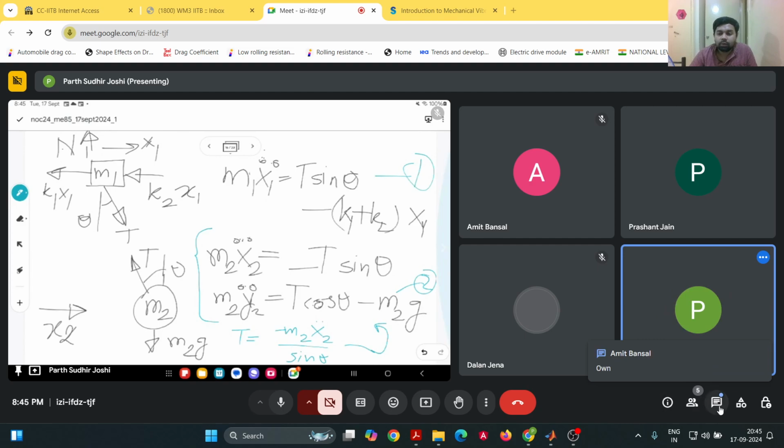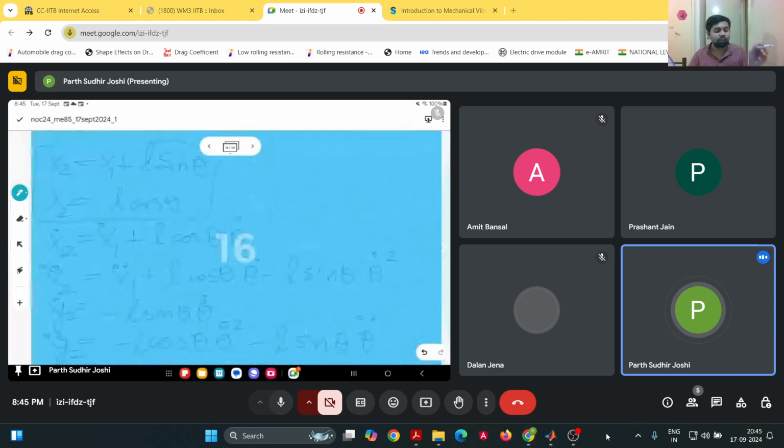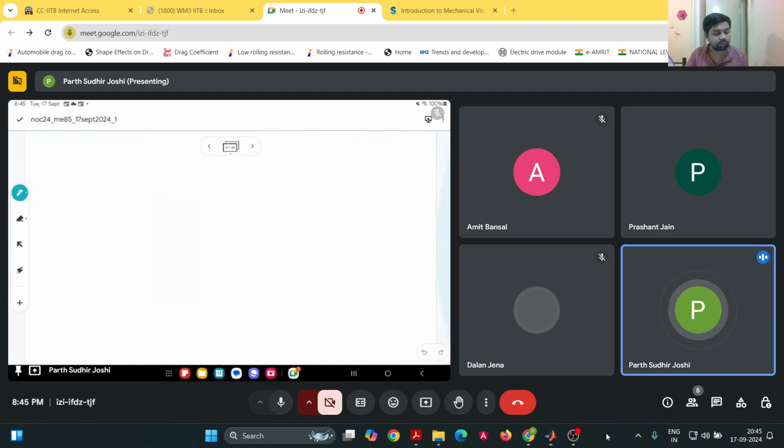Okay. It will just become very lengthy. Once you get the two equations of motion, you can write them in a matrix form. To be able to write it in a matrix form, you need to assume that theta is small.